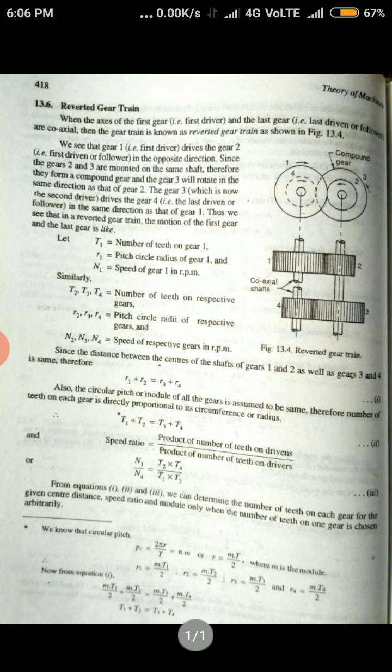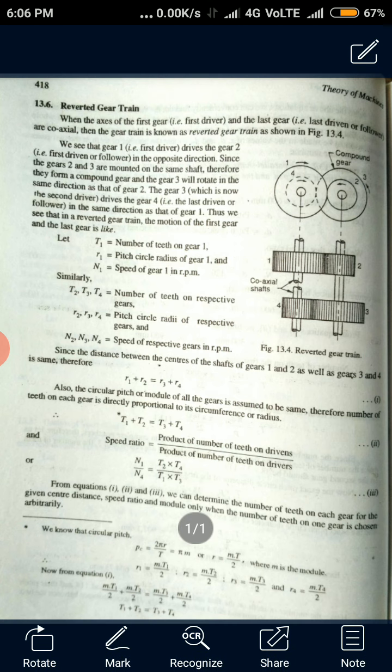The distance between the centers of the shafts of gears 1 and 2, as well as gears 3 and 4, is the same. Understand the equation here: R1 plus R2, the radius of gear 1 and the radius of gear 2, is equal to R3 plus R4.